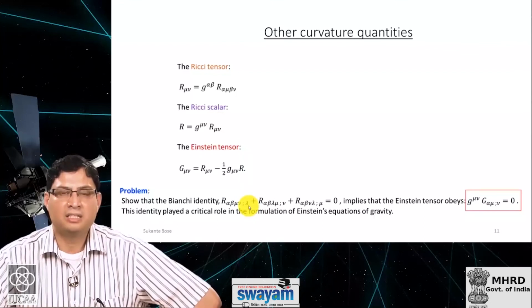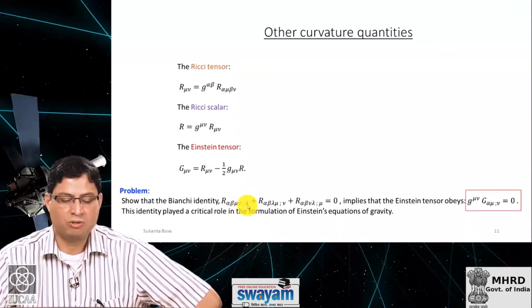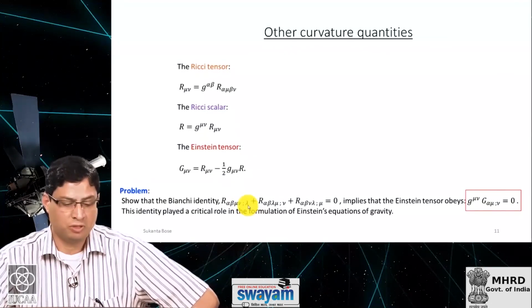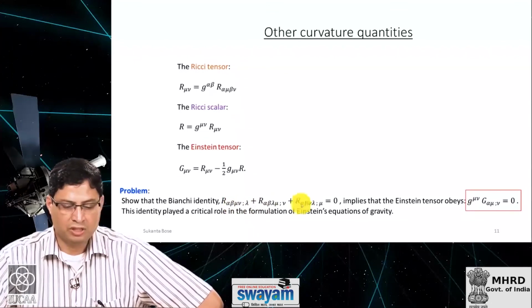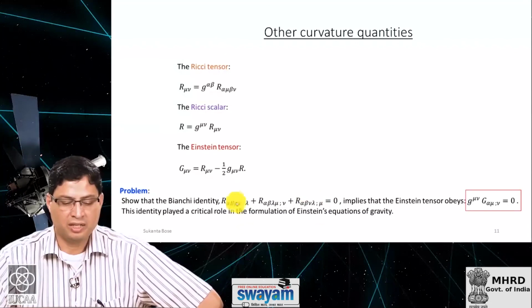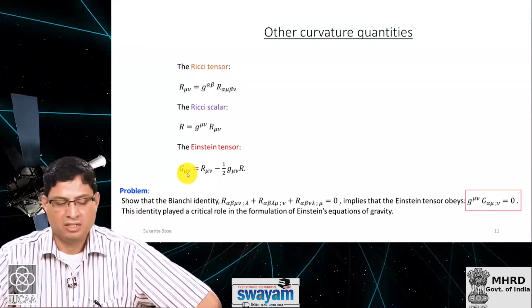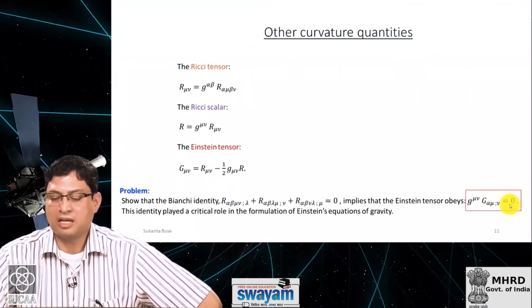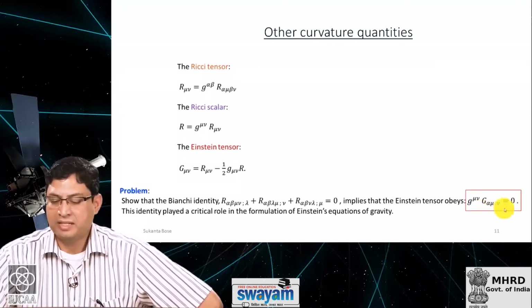So you can easily move the small g mu nu inside or outside a covariant derivative because the covariant derivative acting on the small g mu nu is 0. But you will need to do some contractions to recast this Bianchi identity to involve ultimately only the Einstein tensor, and at that point you will find that this kind of contraction of the covariant derivative of the Einstein tensor is identically 0. Why is this useful?